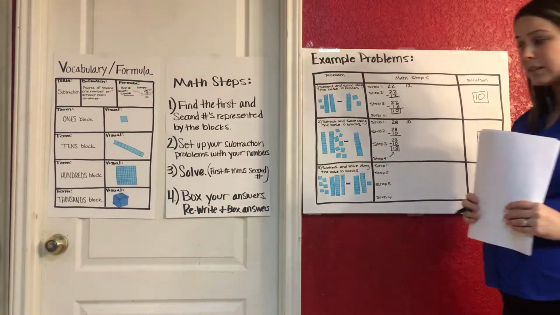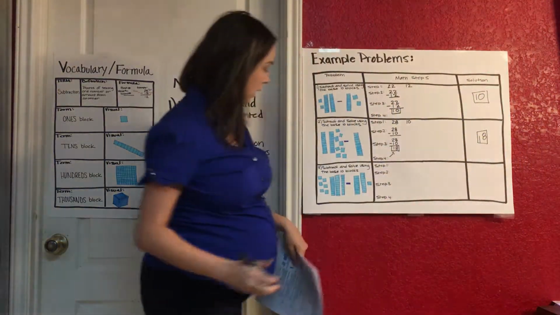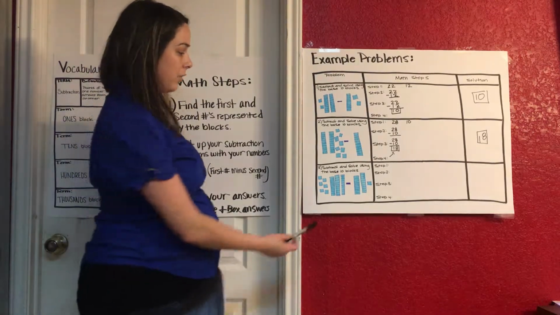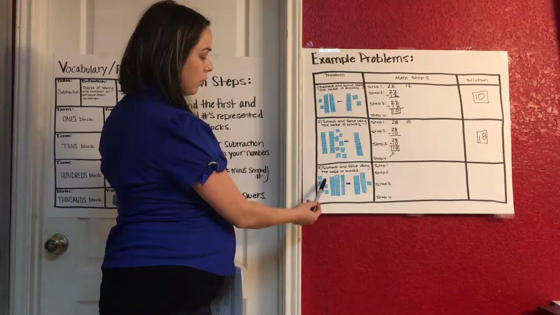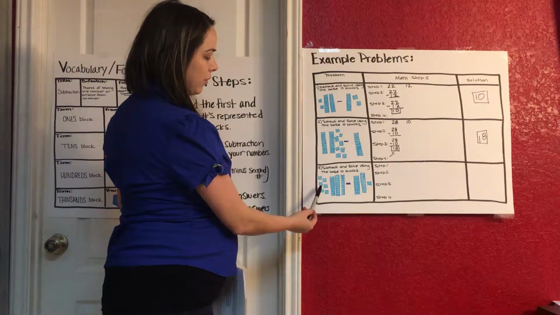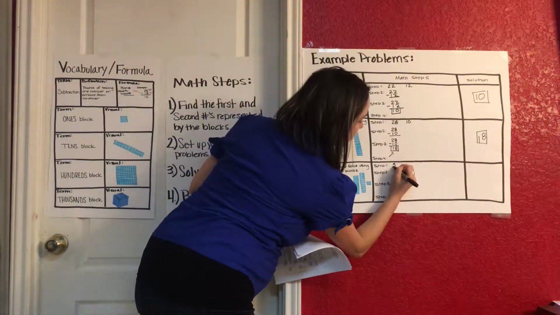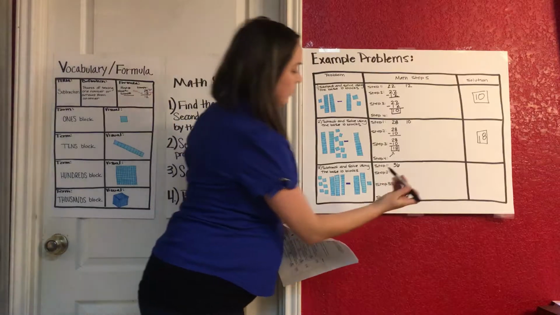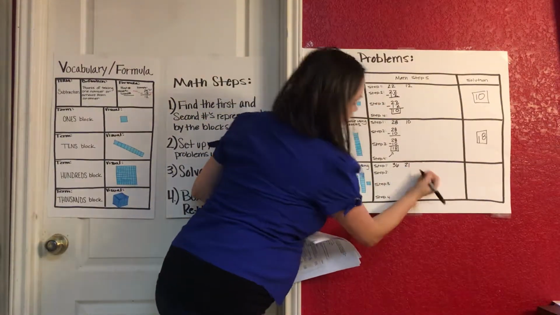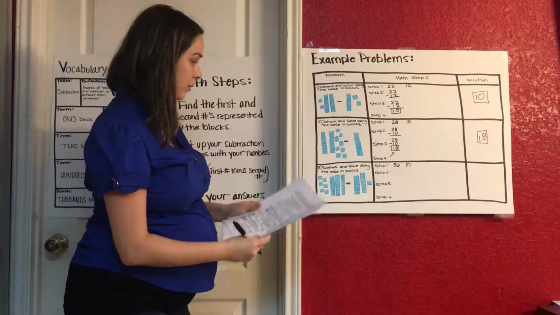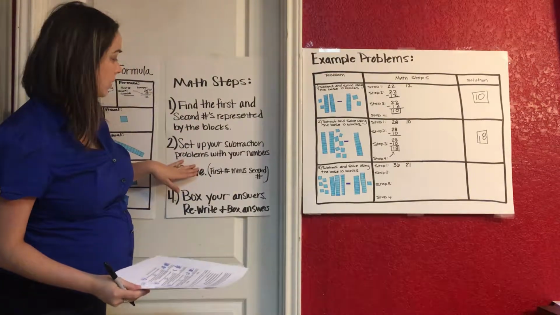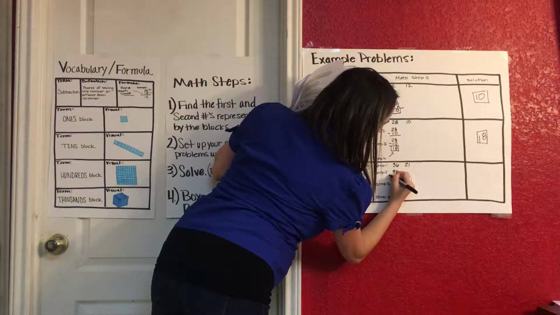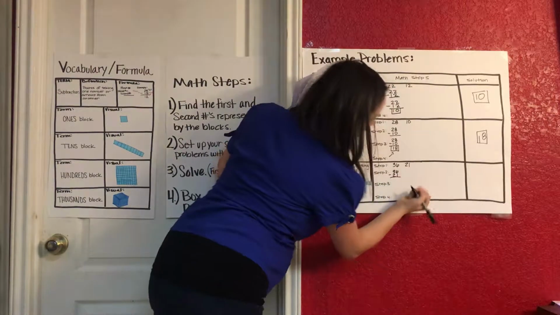And then our last example problem is this one. So we have 10, 20, 30, 31, 32, 33, 34, 35, 36 as our first number. Then we have 10, 21 as our second number. Step 2 wants us to set up our subtraction problem, which is 36 minus 21.